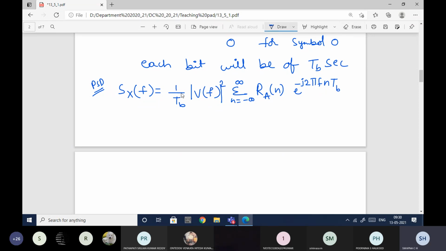This is specifically for the unipolar NRZ format, so S_x of f can be calculated using this formula.